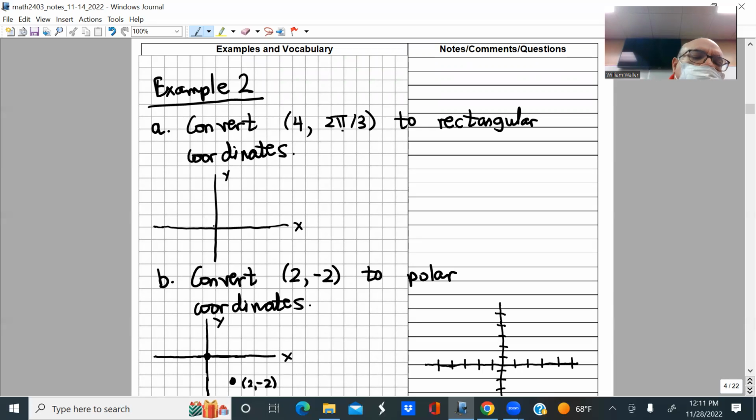Over in the second quadrant. 2 pi over 3 is about right here, up distance 4. Well, who knows where that is? Somewhere length 4 along that line, correct? This is where it really helps to have the rectangular coordinates. So let's see what this looks like in rectangular coordinates. So what's the x?